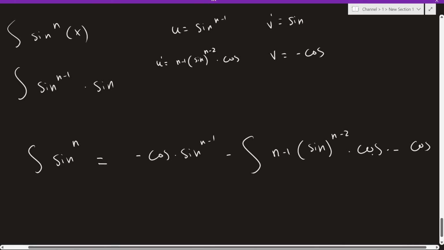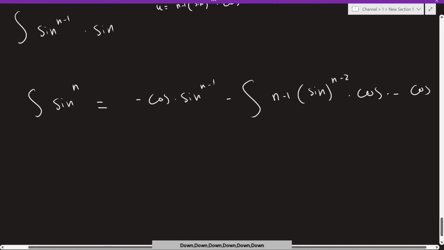Remember, this is multiplication, so multiplying by negative cosine. So we have cosine times cosine. We have negative here, so we can take it out. Let's take the negative first.